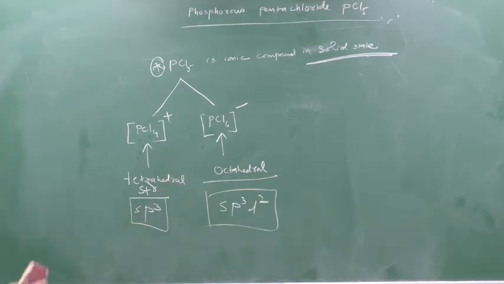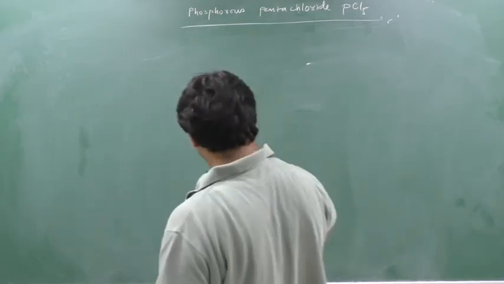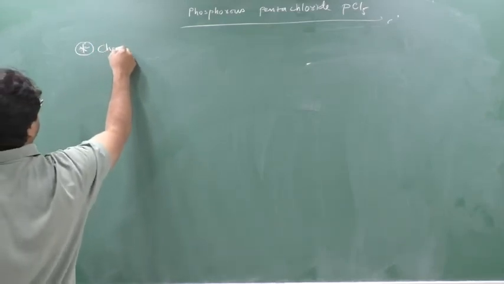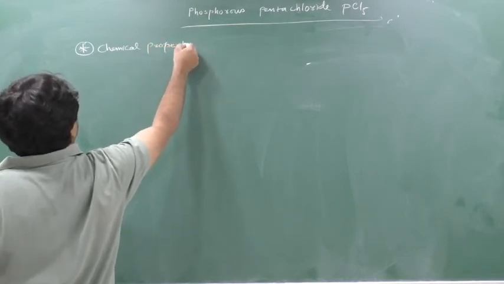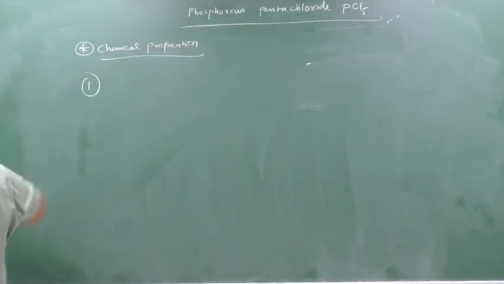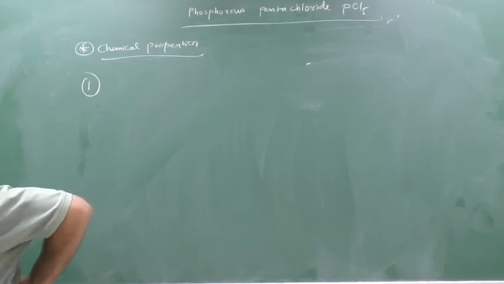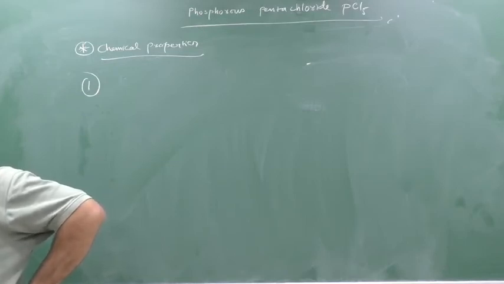Clear this part? Okay. Next we'll go to the chemical properties. Write down. Chalo. We'll see the chemical properties. First write down, very important: PCl5 sublimes on heating and forms PCl3 and chlorine on prolonged heating.